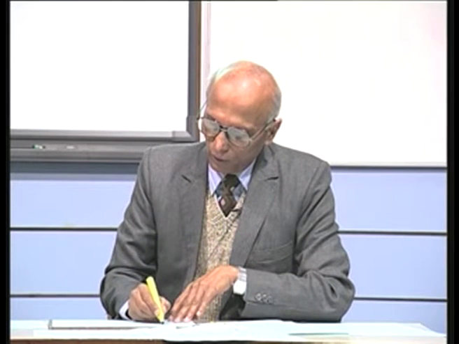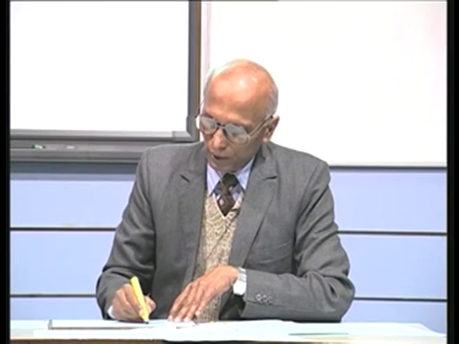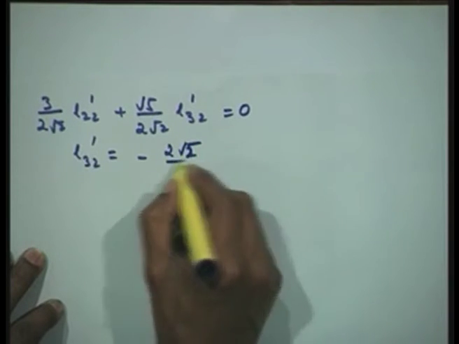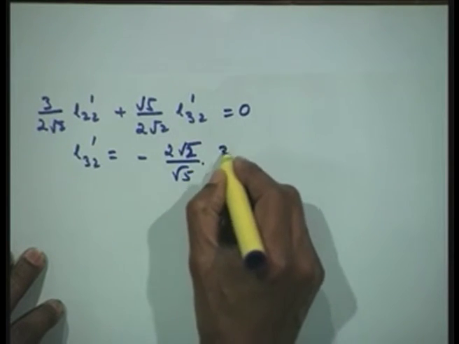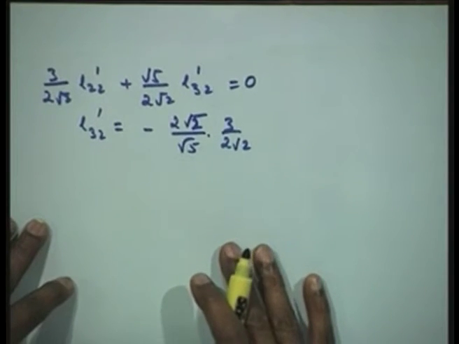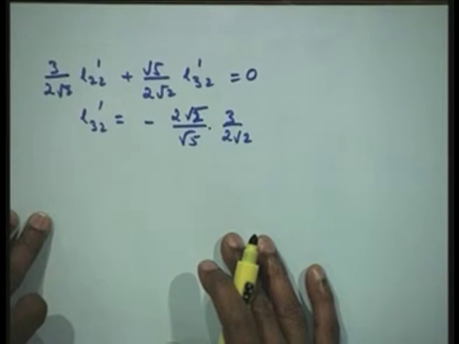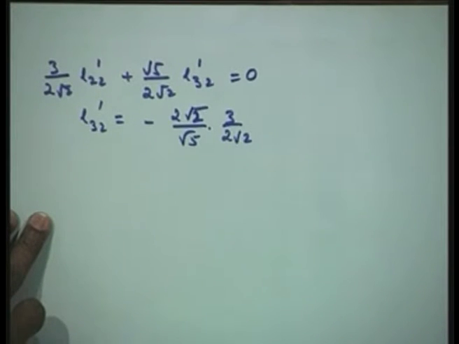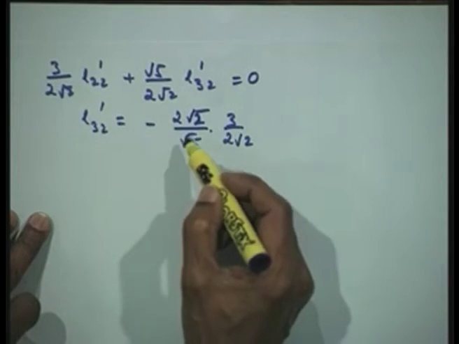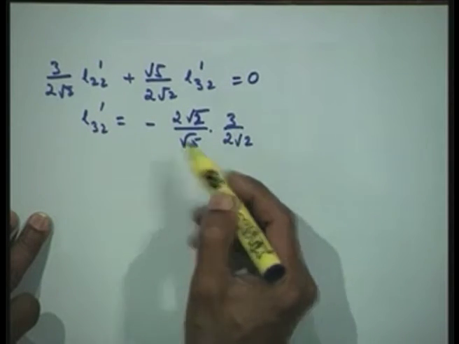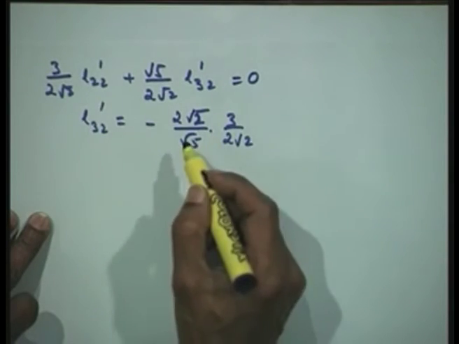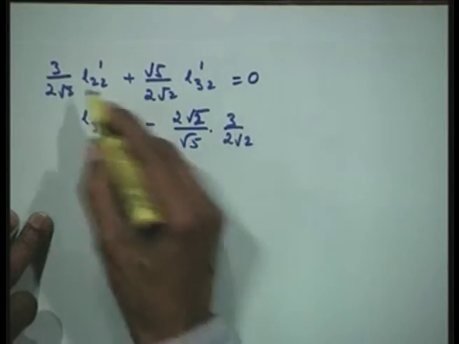Therefore we can find out L32 dashed, that is equal to minus this factor, let us write it first, 2 root 2 divided by this 3 upon 2 root 2. Oh, this is right, 3 root 2, I have to multiply by L22 dashed.